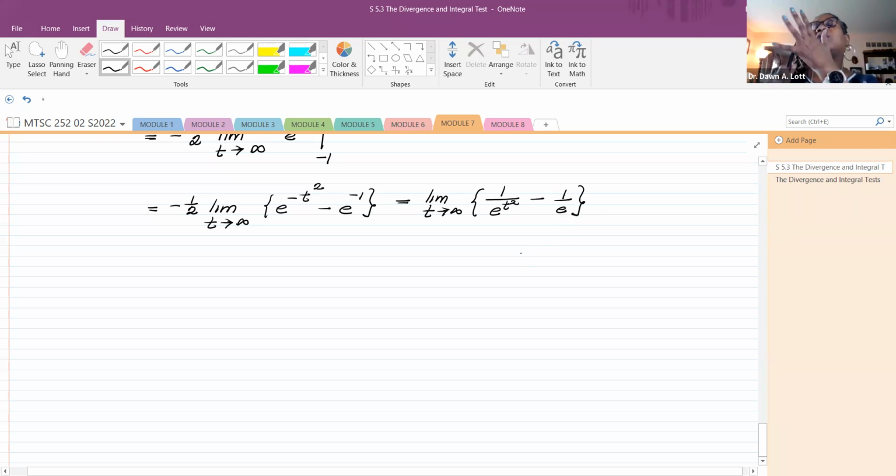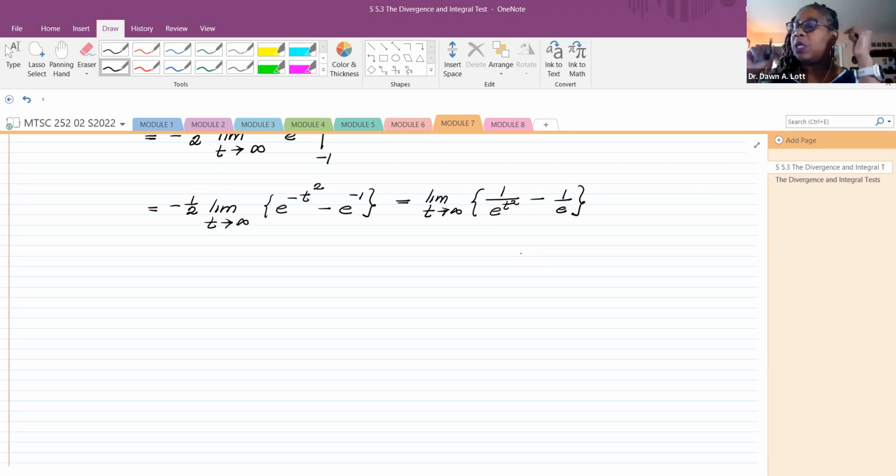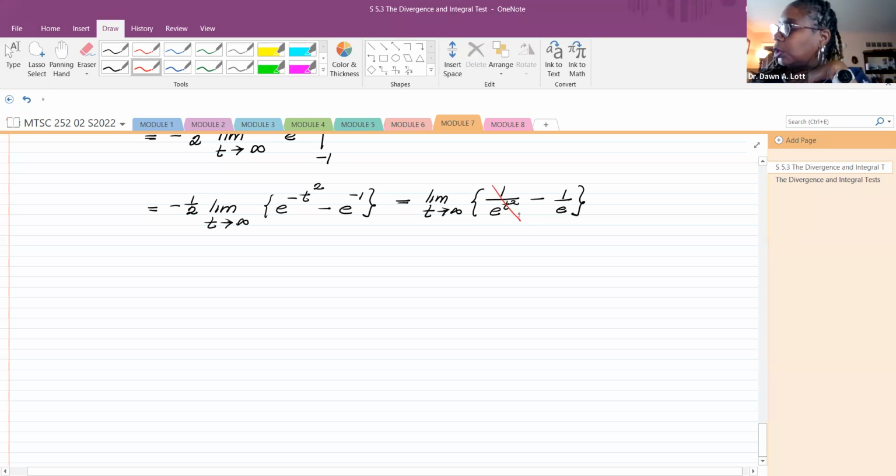Now, as t gets big, t² gets huge. As t² gets huge, e to the t² gets ginormous. As e to the t² gets ginormous, 1 over that becomes 0. So this term goes to 0. So therefore, my answer is -1/2 times negative 1 over e, so just 1 over 2e.